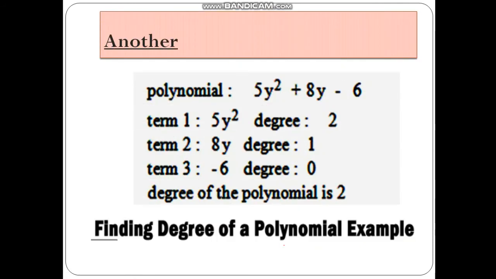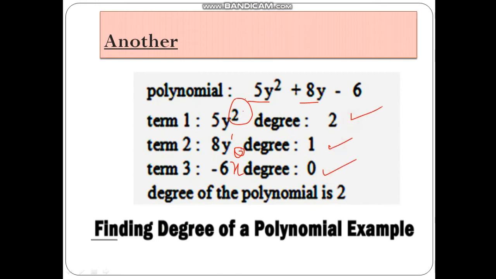Okay ji, another question. This polynomial has one variable: 5y square, 8y and minus 6. ठीक है, 5y square is having exponent 2, 8y is having exponent 1, and minus 6 is having exponent 0.